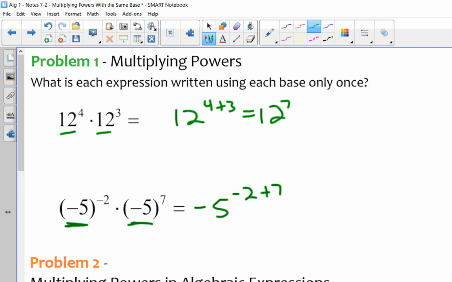I'm adding the exponents. One of my exponents is negative. I've got to make sure I keep it that way. So I should get that, okay? Rules are rules. Don't try to make stuff up. You know how to add and subtract numbers together. Use the rules and just do the work, okay?